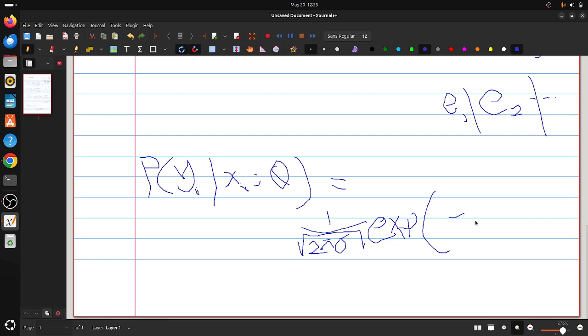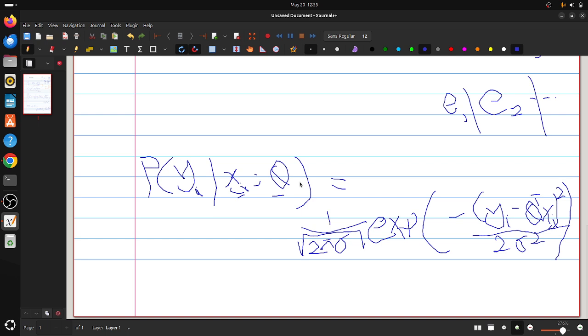So it will be yi minus the transpose of theta, the model parameter, xi, squared over 2 sigma squared. That is the probability density function of y given xi parameterized by theta.